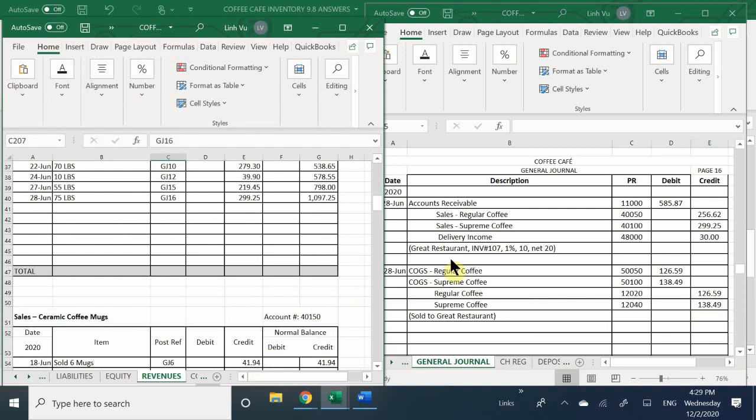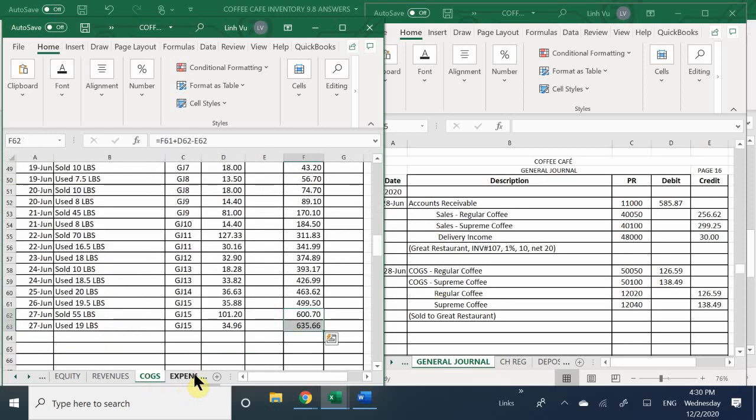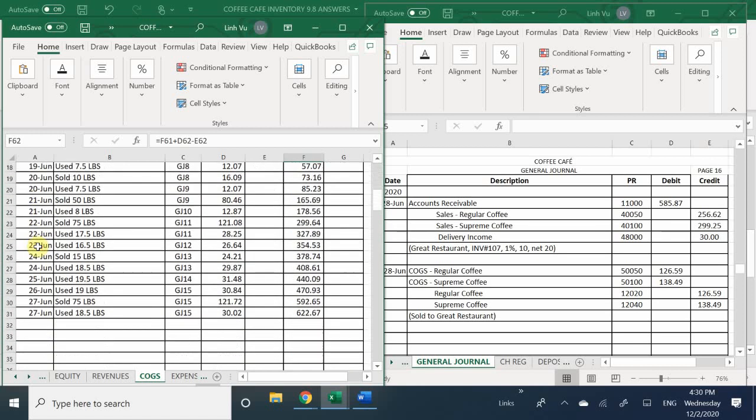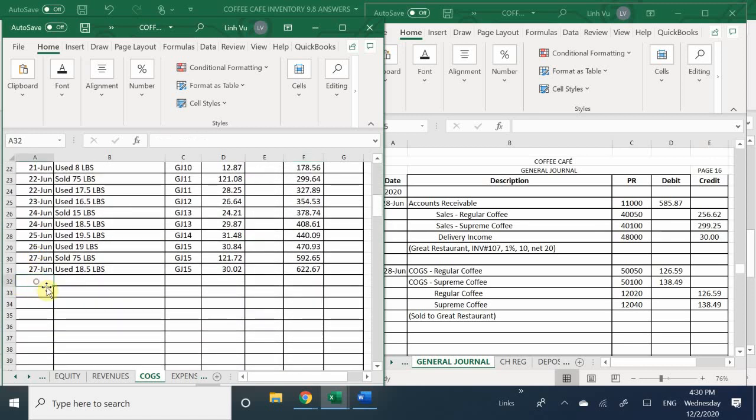Okay, so cost of goods sold. First, the regular coffee, which is 550. The date of it is still the 28th, right? Yes, it is the 28th. And we sold 78 pounds.